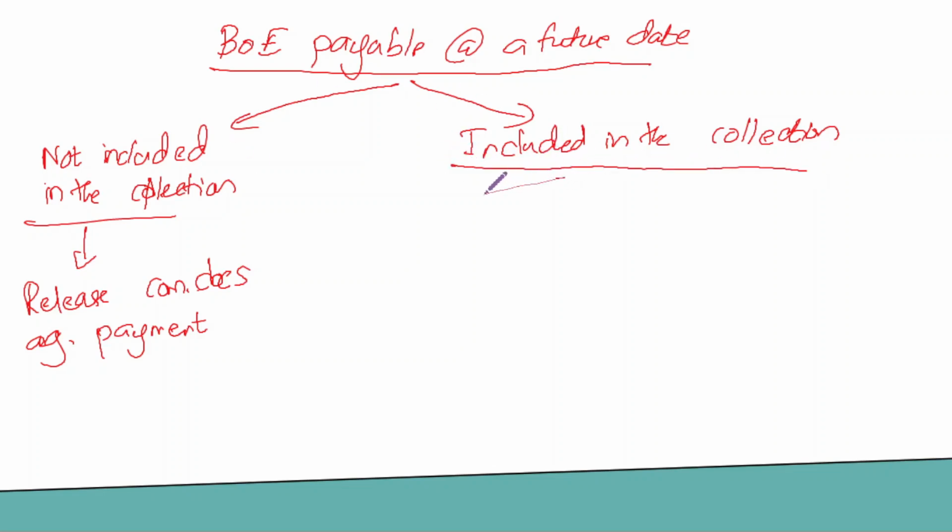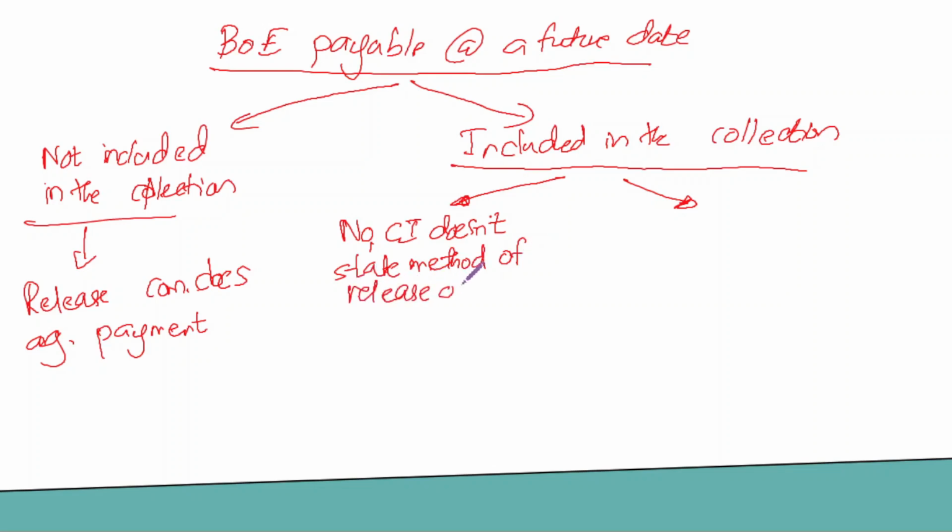Then again, there is another filtering that you require. No, the collection instruction doesn't state the method of release of commercial documents. The other option is yes, the collection instruction states the method of release.